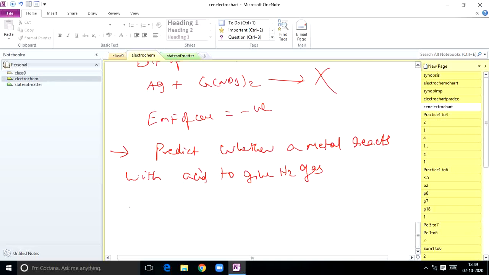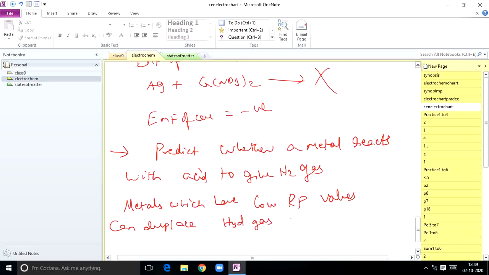Metals which have low reduction potential values can displace hydrogen gas from their acids. That is the key point.